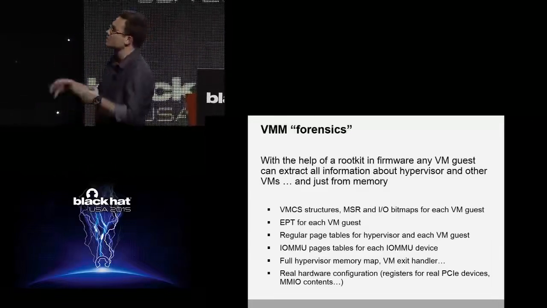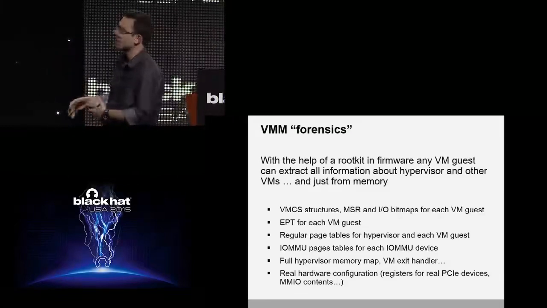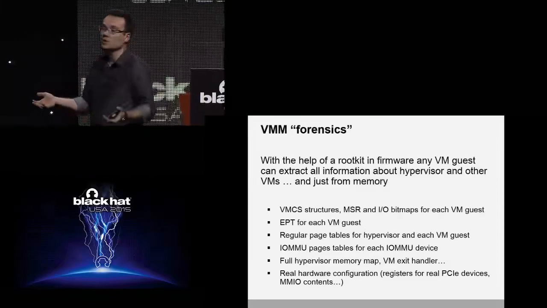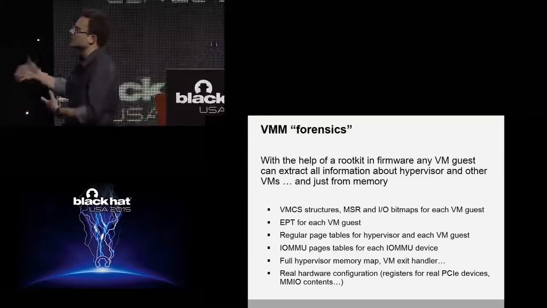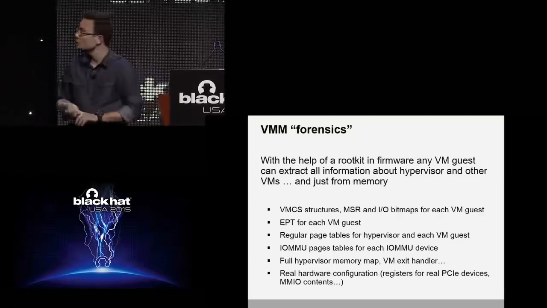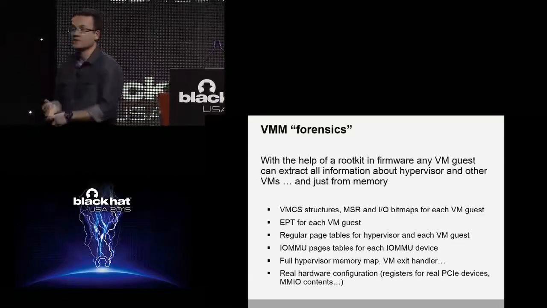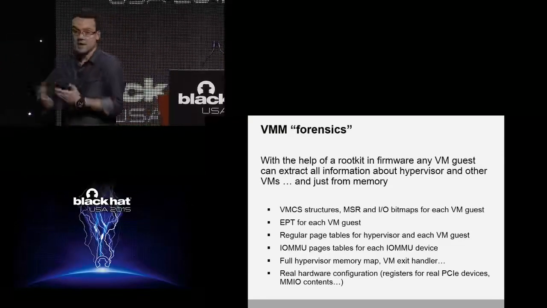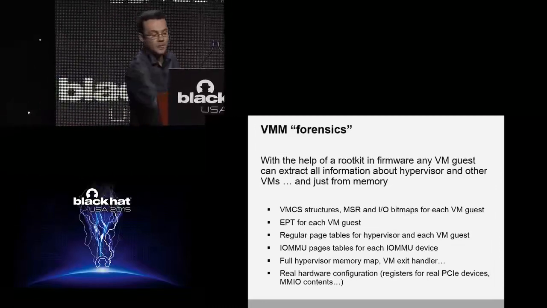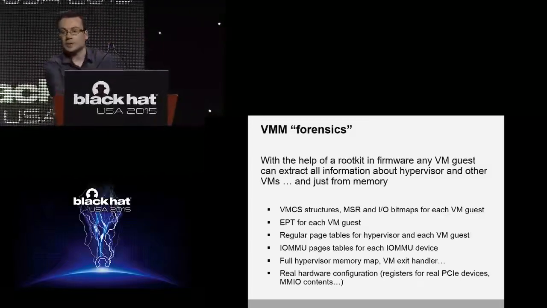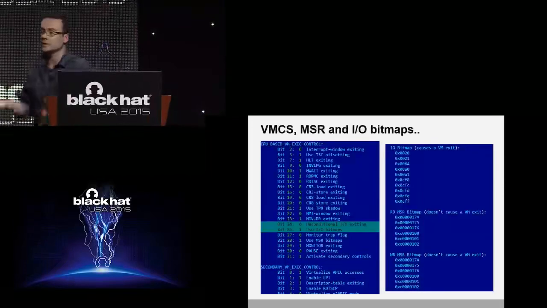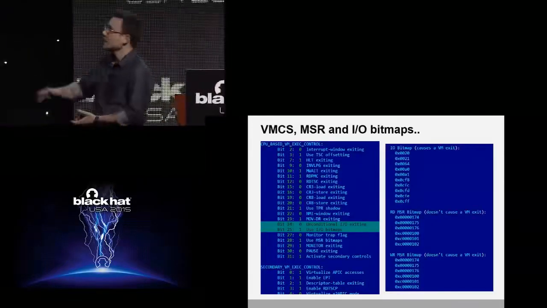All of the VMCS structures, all of the bitmaps protecting MSRs and IOs for each guest, all of the extended page tables for each guest, the regular host and guest page tables for the hypervisor and for each virtual machine. We can also reconstruct all of the IOMMU page tables, the hypervisor memory map, including the VM exit handler, and even all of the configuration registers for all of the physical devices, for all the real hardware. So the rootkit provides any guest a full capability and visibility into the hypervisor.